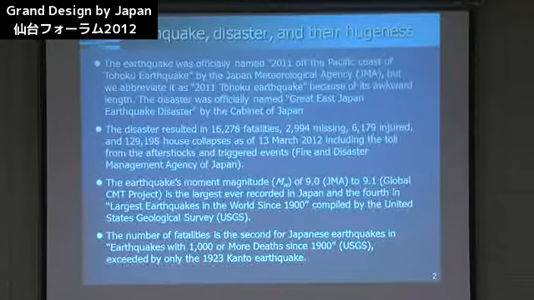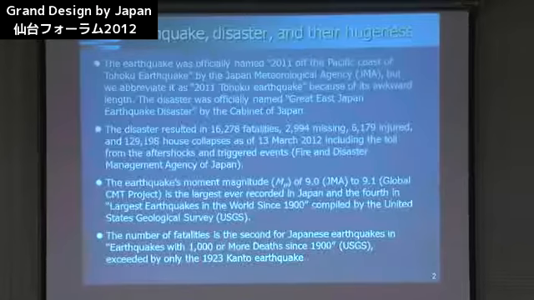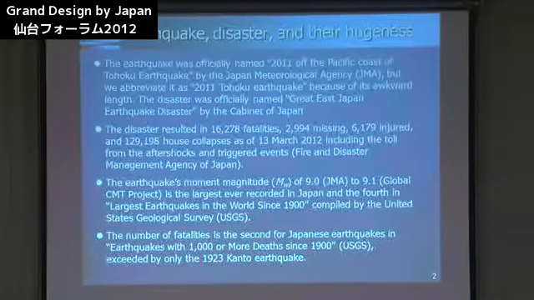First of all, I'd like to talk about the definitions or names of the earthquake and the disaster. The earthquake was officially named the 2011 off the Pacific coast of Tohoku Earthquake by the Japan Meteorological Agency. But we abbreviate it as just the 2011 Tohoku earthquake because of its awkward length.